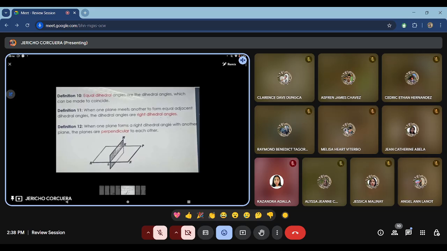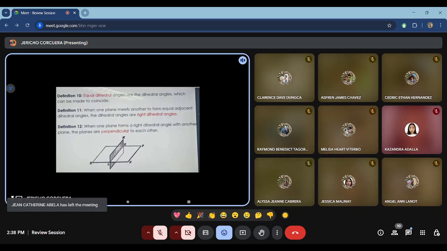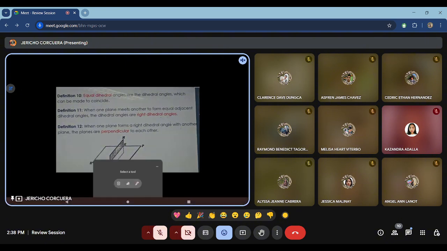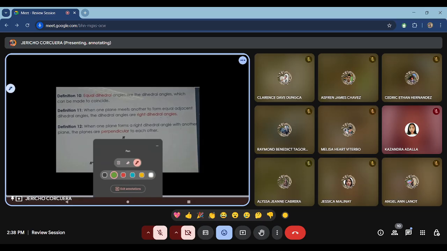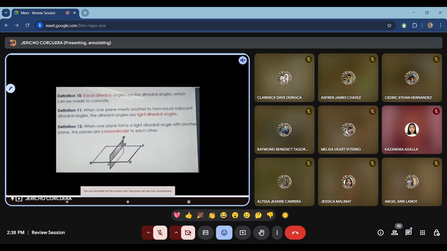Let's break it down at definition 10: equal dihedral angles are the dihedral angles made to coincide.